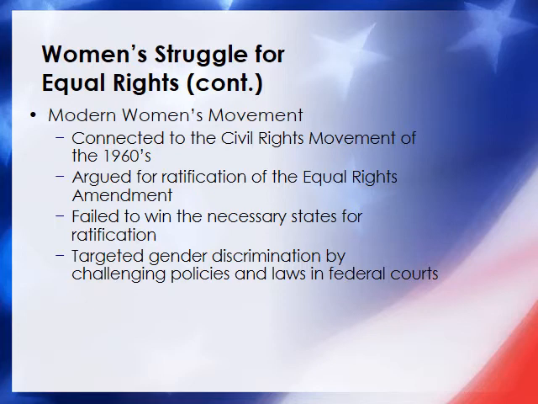This does get through both houses of Congress, but it fails to win the necessary states for ratification. As you know from your studies, in addition to 2/3 of both the House and the Senate, you also need 3/4 of all American states to ratify an amendment to the Constitution, and this was not ratified.